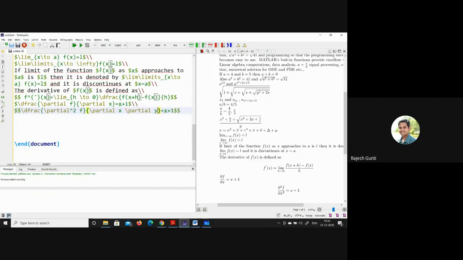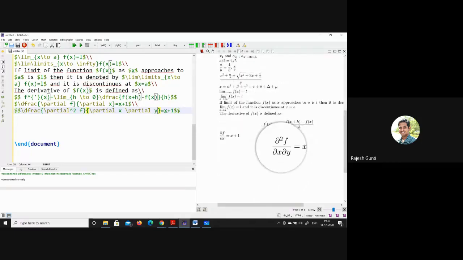Partial dou square f by dou x dou y. Okay, like this we have to type partial derivatives, limit, everything. Tomorrow I will continue this topic.